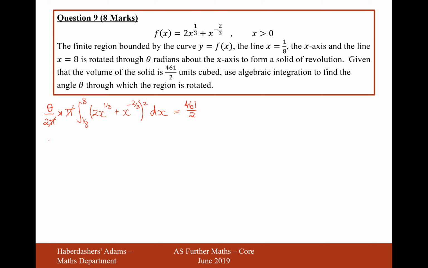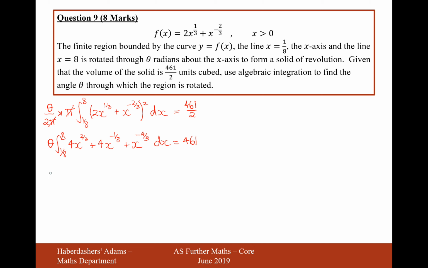So actually what we've now got is theta times this integral. And then I'll expand the brackets now, so it's going to be 4x to the 2/3 plus 4 lots of x to the minus a third plus x to the minus 4/3 dx equals 461.